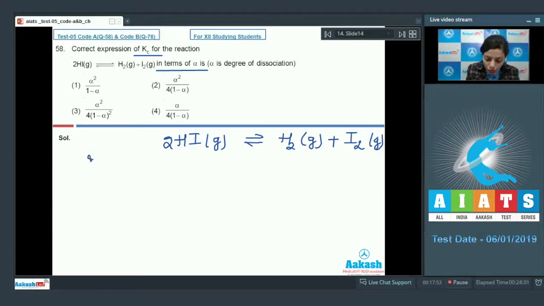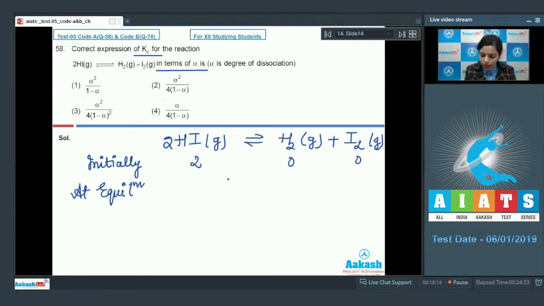In this case, let's assume that initially we have the concentration that is 2 molar, and let's assume about this H2 also. Initially there was no formation of H2 and I2 further. We're talking about the Kc value, it means we have to consider the equilibrium.